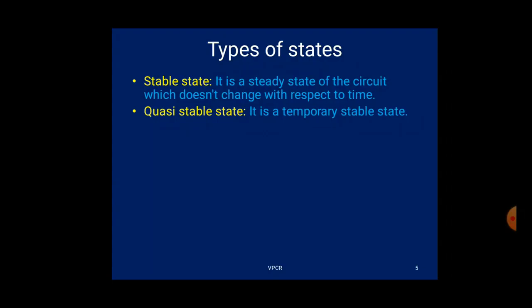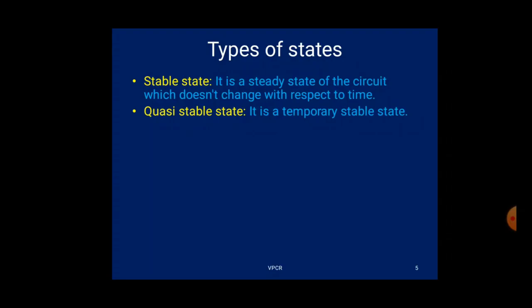After giving the power supply, at any instant the circuit generates some output based on its operation, and the active devices inside the circuit are in one of their operation regions.